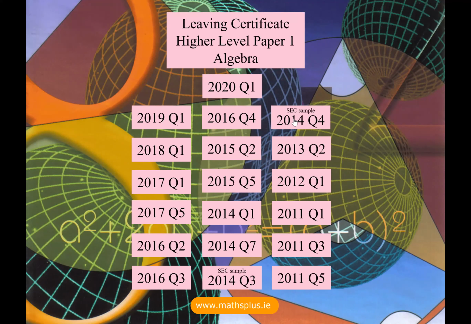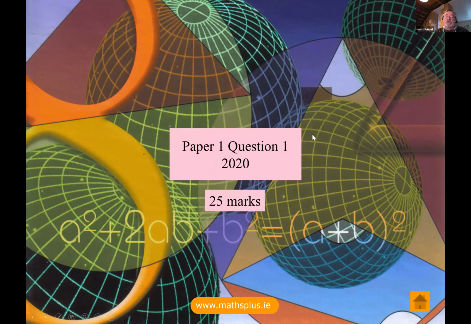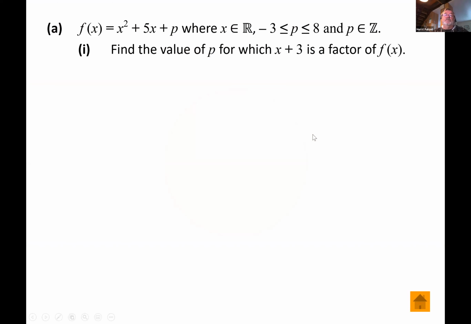No problem. So what I want to do just for the last couple of minutes, where are we? Yeah, we can do one more, 2020. So if you haven't seen this question before, here it is.